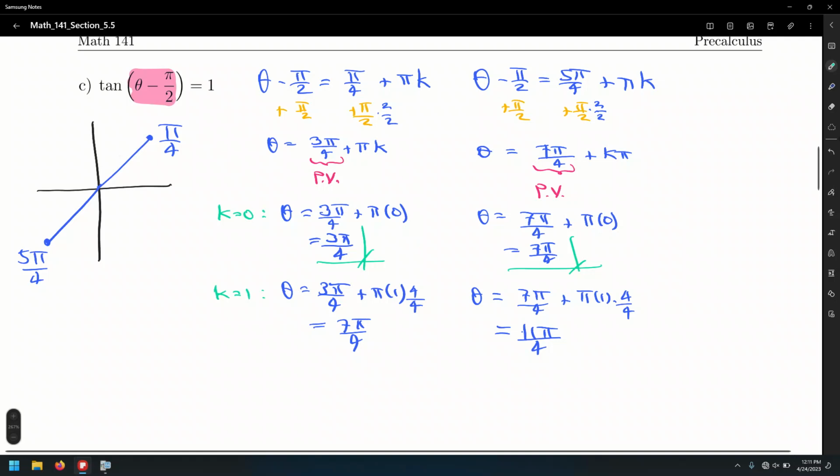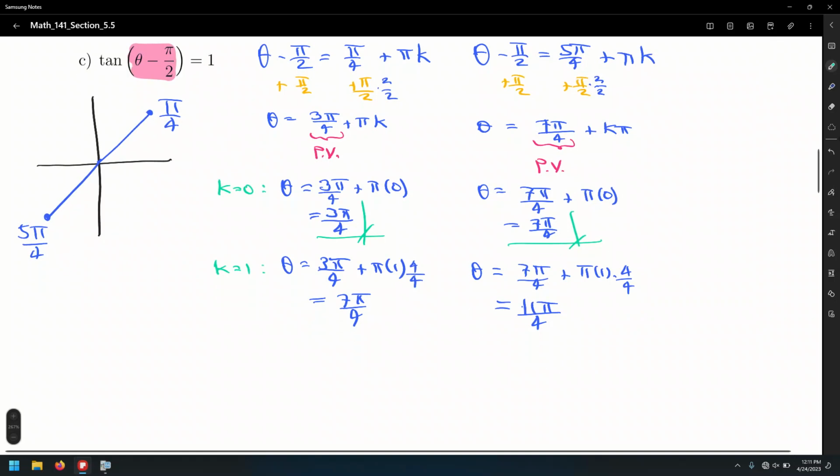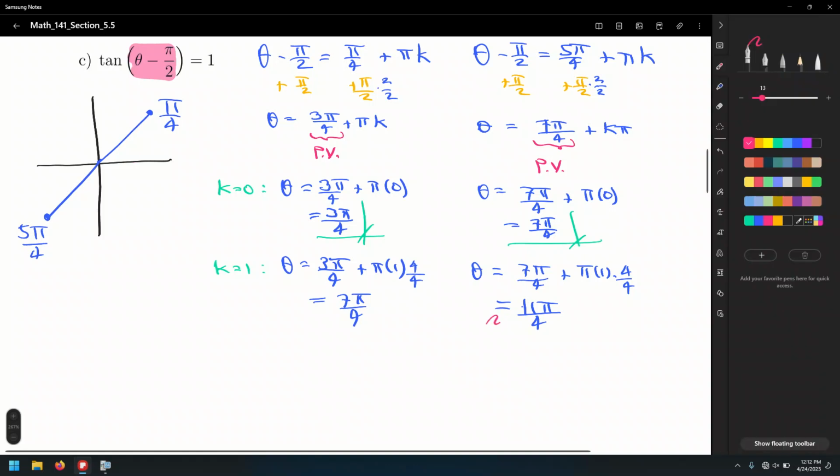That's something you will see every time you solve trigonometric equations for tangent functions. You will see these repetitions. And check this out. This 11 pi over 4 is a value not within the interval 0 to 2 pi. So for this reason, just cross it out.